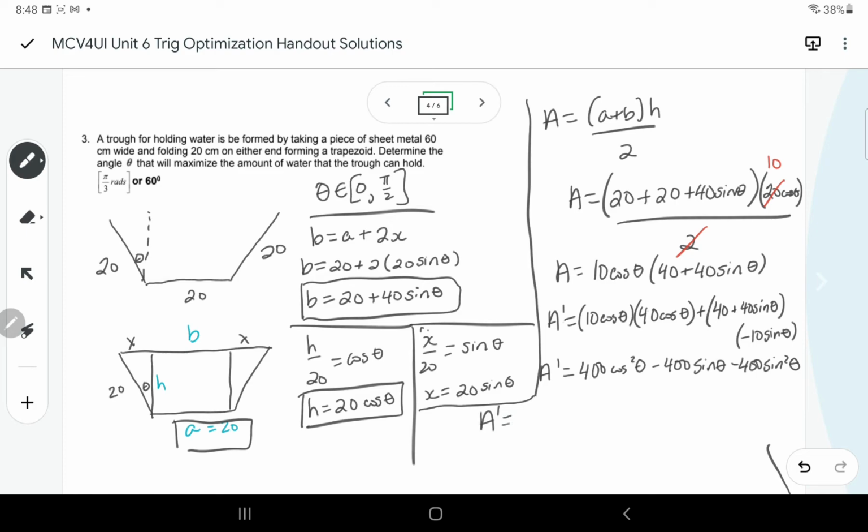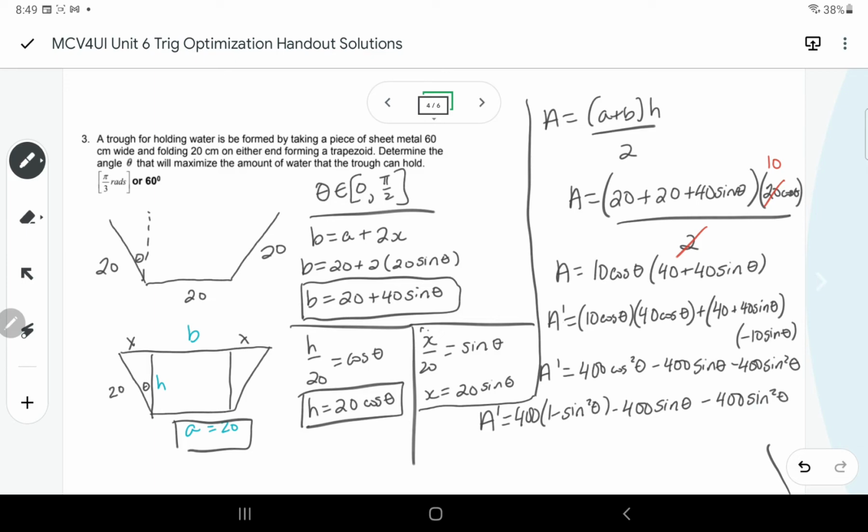So here I've got A prime is 400 times 1 minus sine squared theta, because now I've got it all in terms of just sine and sine squared, minus 400 sine theta minus 400 sine squared theta.